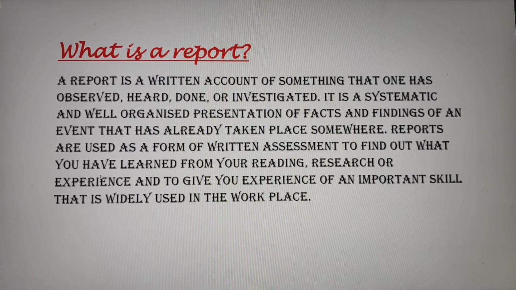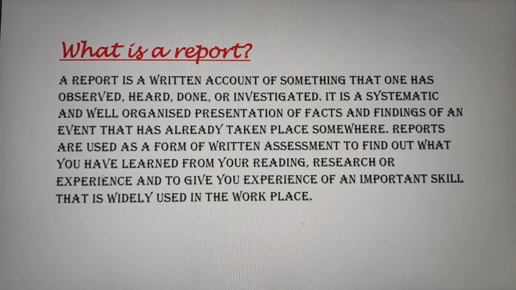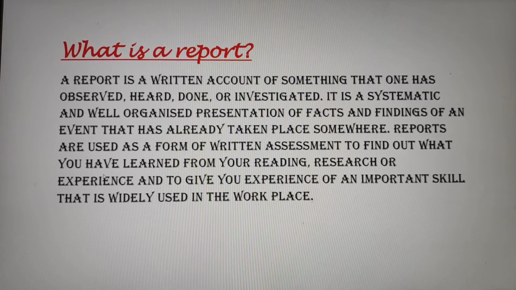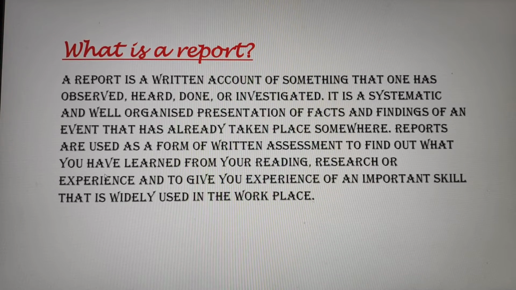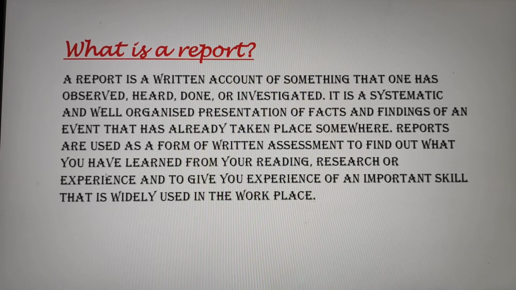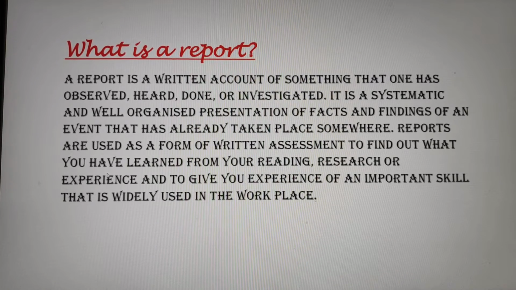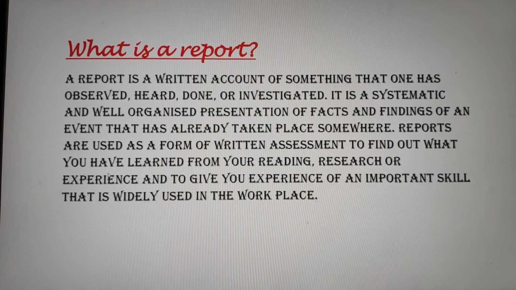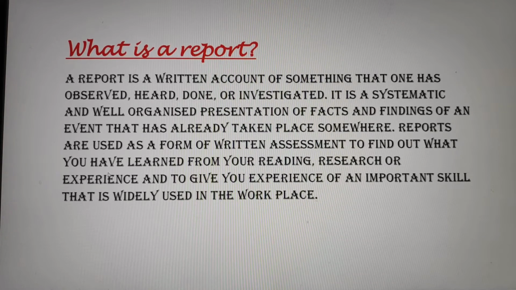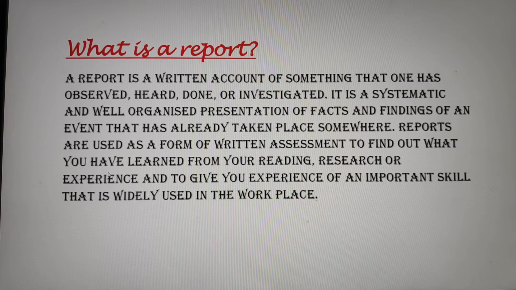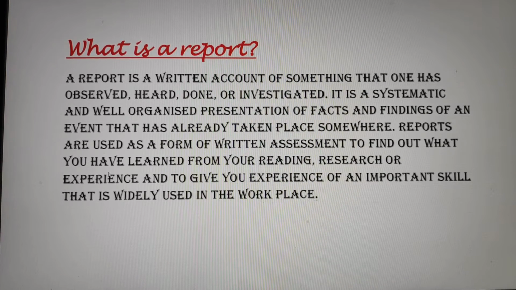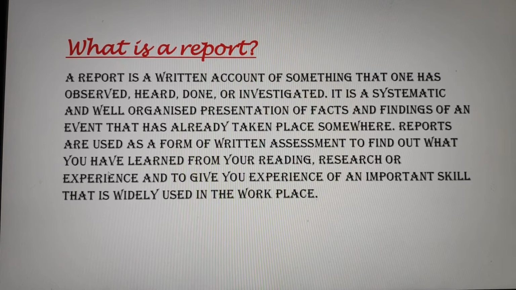So, what is a report? A report is a written account of something that one has observed, heard, done, or investigated. It is a systematic and well organized presentation of facts and findings of an event that has already taken place somewhere.